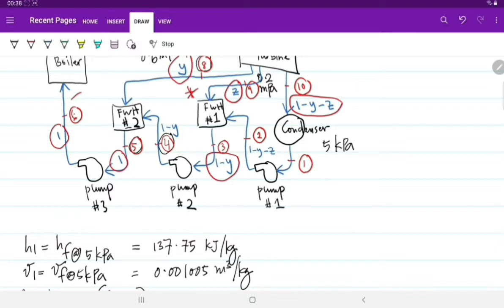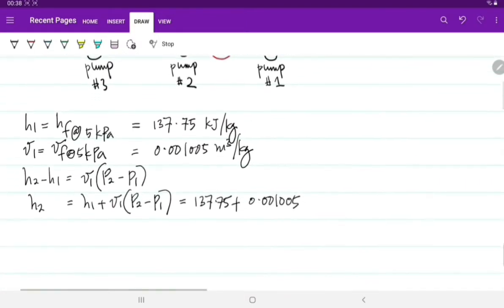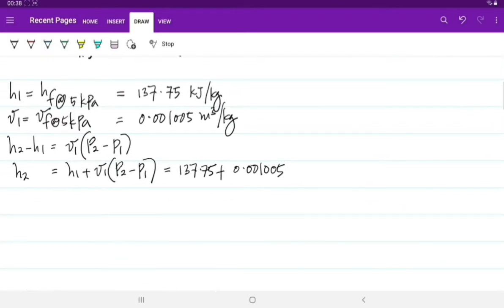Pressure at 1 is 5 kilopascal. Pressure at 2 is the feed water heater pressure, which is 0.2 megapascal, which is 200 kilopascal, minus 5 kilopascal.